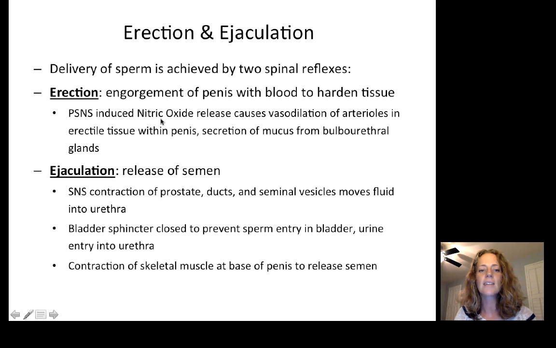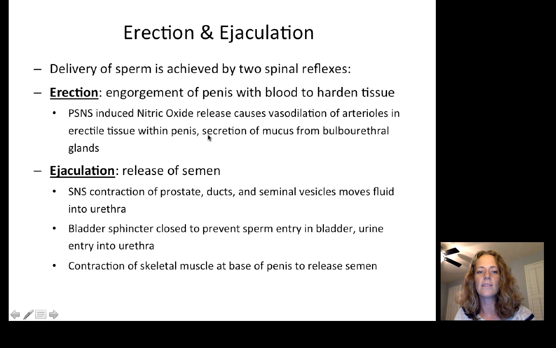So nitric oxide will be induced by the parasympathetic nervous system. This will cause local vasodilation in the arterioles of the penis, and it will cause the erectile tissues, the corpora cavernosa and the corpus spongiosum, to engorge with blood.